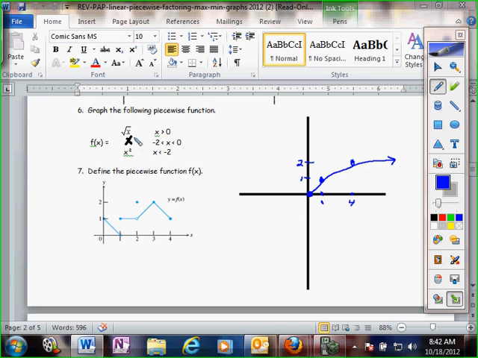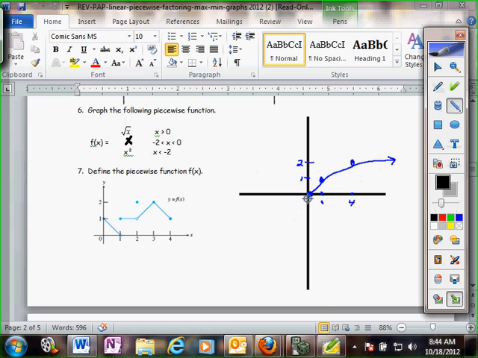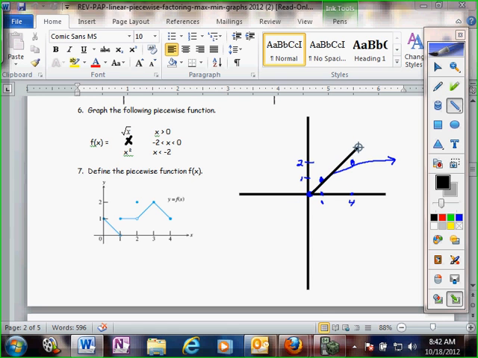And then y equals x, that's that straight line that has a slope of 1. Alright, I'll leave it like that. Slope of 1, and it works like that.